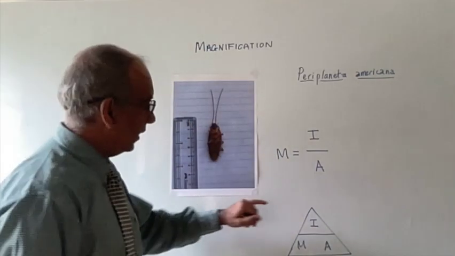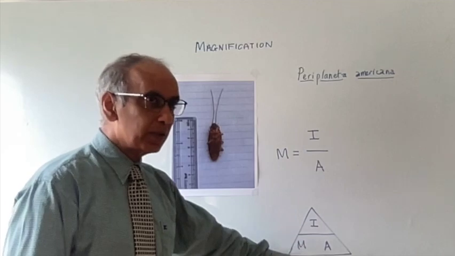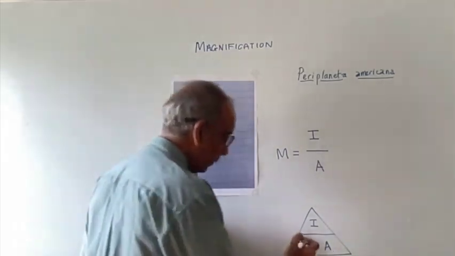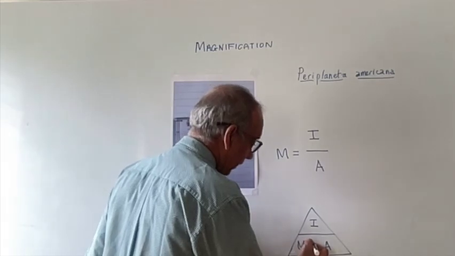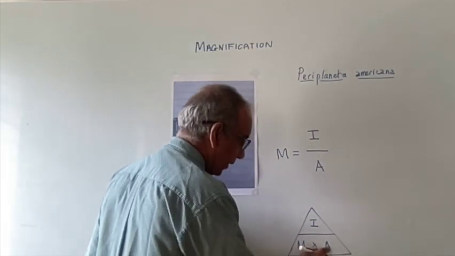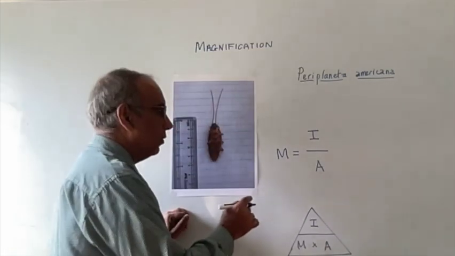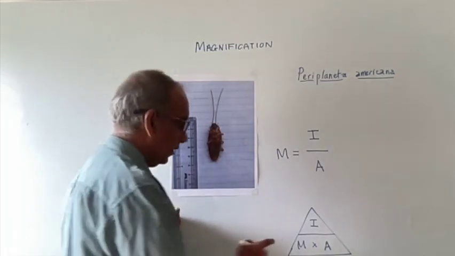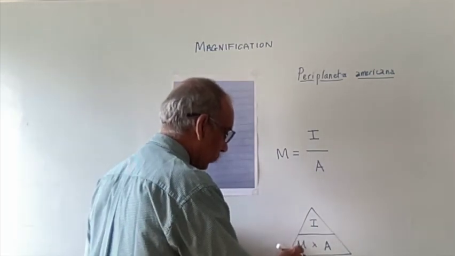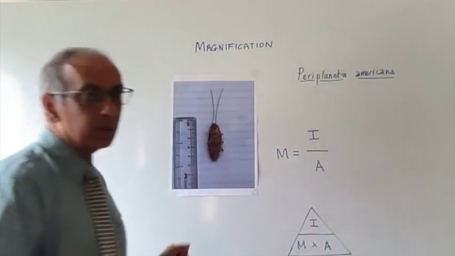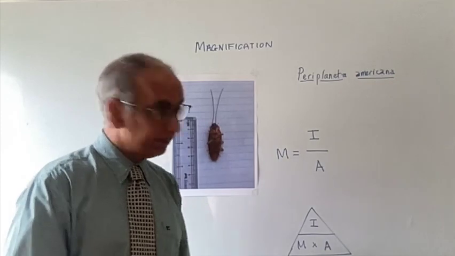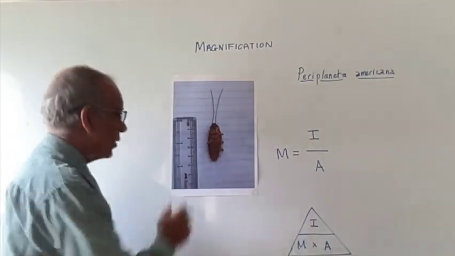The size of the image divided by the actual size of the specimen gives you the magnification. If you multiply the magnification by the actual size, you get the size of the image. And if you divide the size of the image by the magnification, you will get the actual size of the specimen.